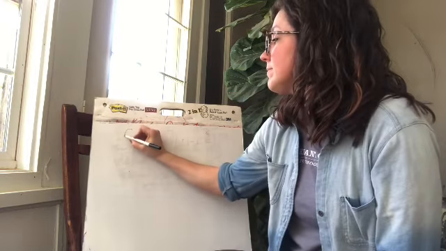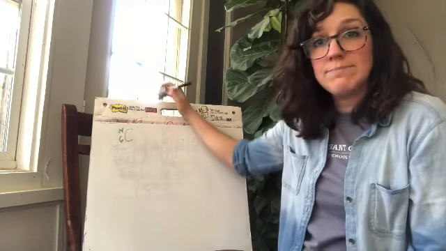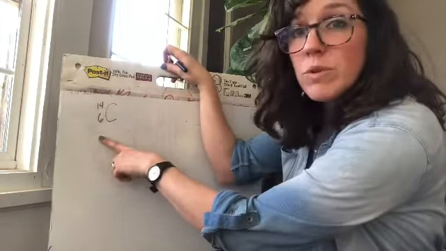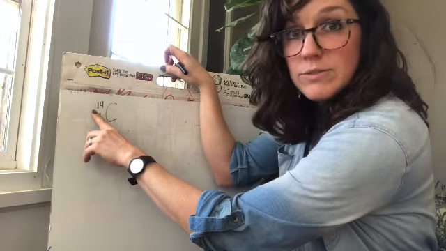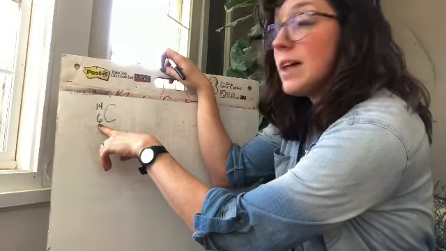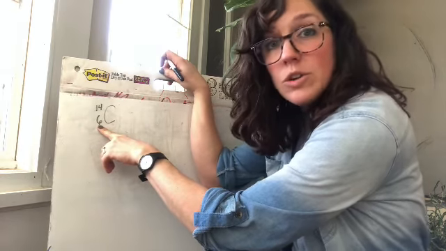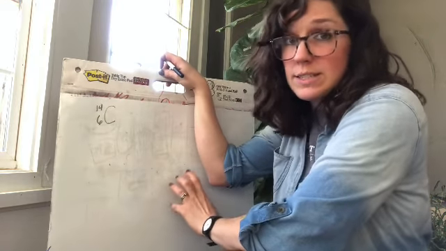We are starting with carbon-14. Make sure that you guys can see that. Carbon-14 means that you have an atomic weight of 14 while you still have 6 protons, because carbon always has 6 protons. Normally, carbon is a 12 and a 6 because it has 6 protons and 6 neutrons.